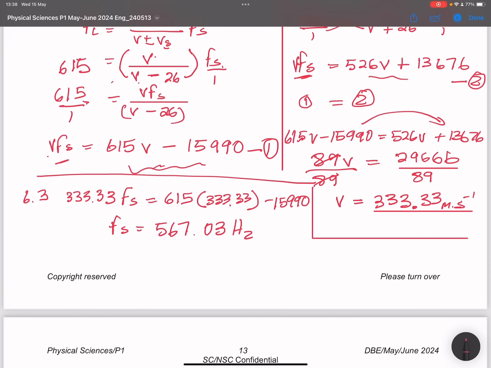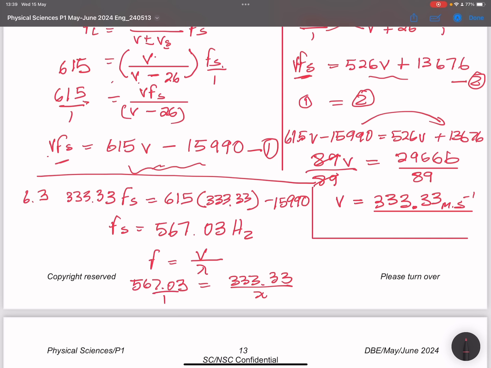Ladies and gents, we know that frequency is equal to the speed of sound divided by the wavelength, right? So please note, when you use this V here, it's not the velocity of the source, but it is the speed of sound. So 567.03 is equal to 333.33 divided by the wavelength.